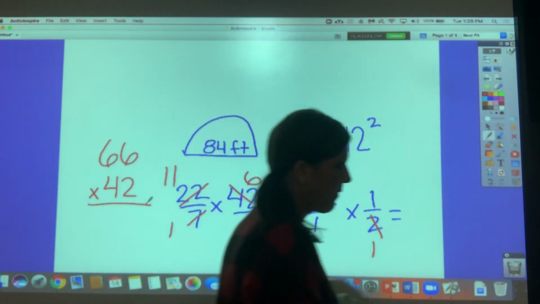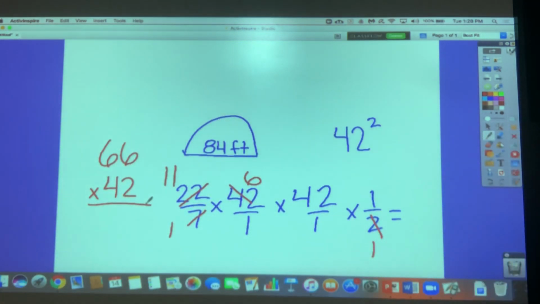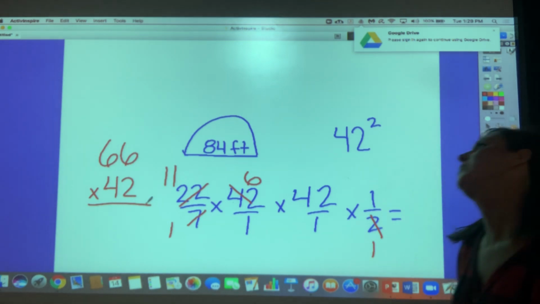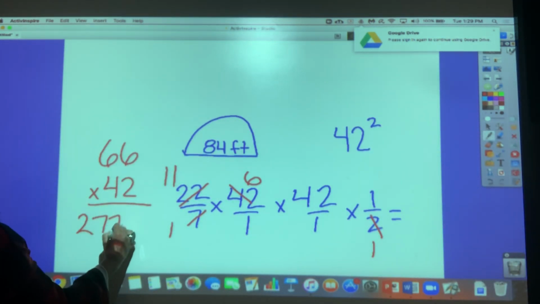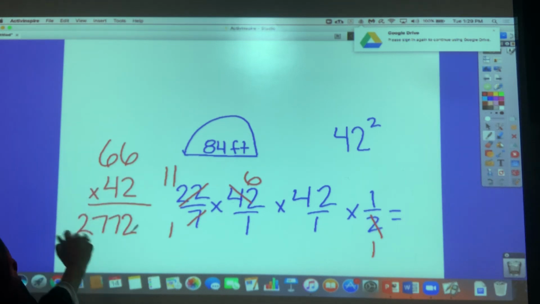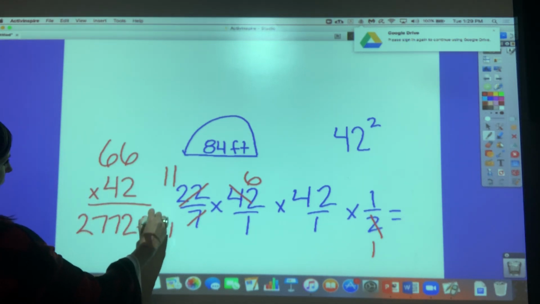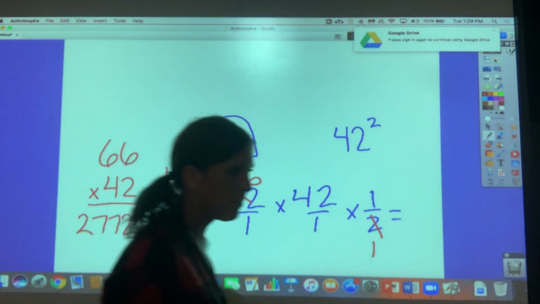So let's see what we get for 66 times 42. What would be the area of this semicircle? Hopefully you got 2,772 feet squared.